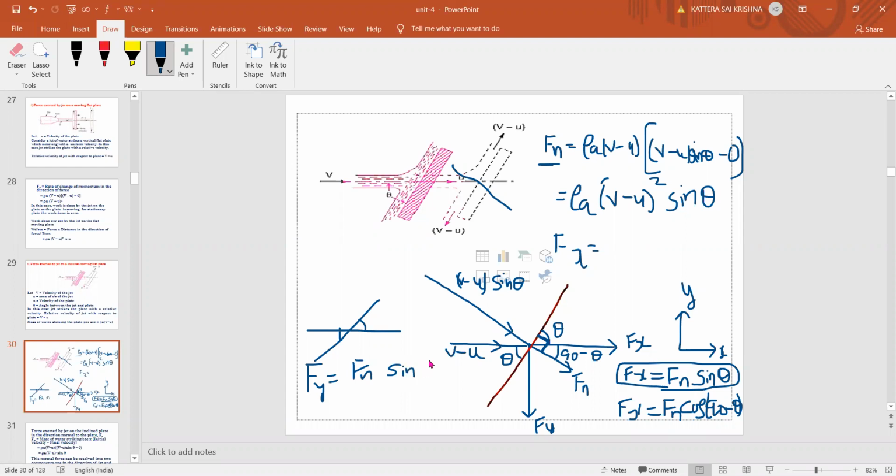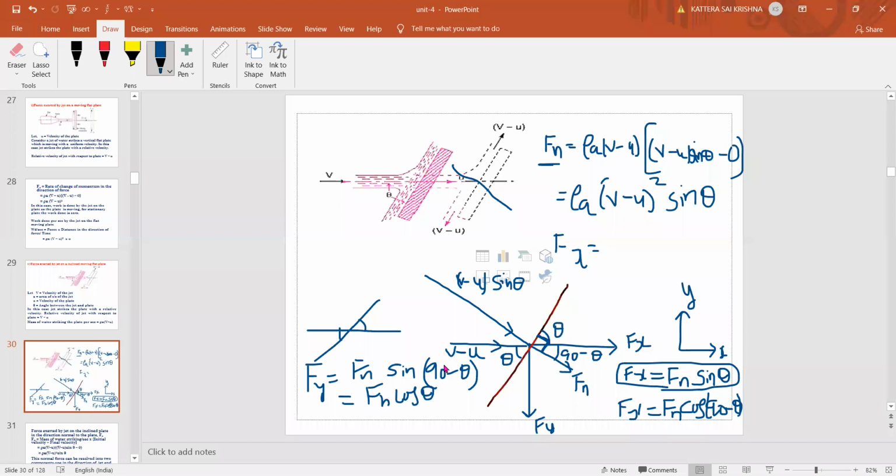What is the angle on the opposite side? That is 90 minus theta. So that is sine 90 minus theta, which is cos theta. So Fy equal to Fn cos theta. So what you'll get finally, if you substitute Fn again here, rho a into v minus u whole square, sin theta into cos theta. So that is your Fy.